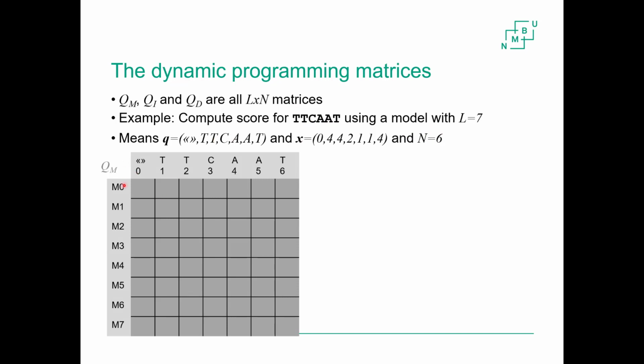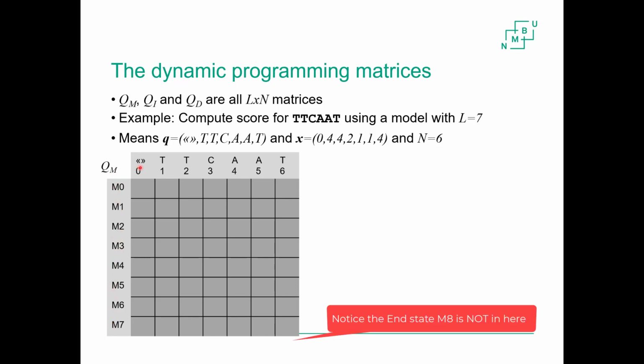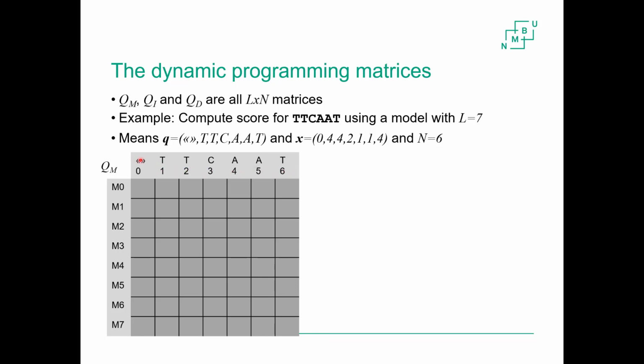And then here is QM. QM looks like this. Notice we have the match states down here, and we have the sequence out here: empty symbol, T, T, C, A, T. I also just numbered the columns below here. This is not the X sequence. It's written up here. This is just numbering the columns from 0 and up.